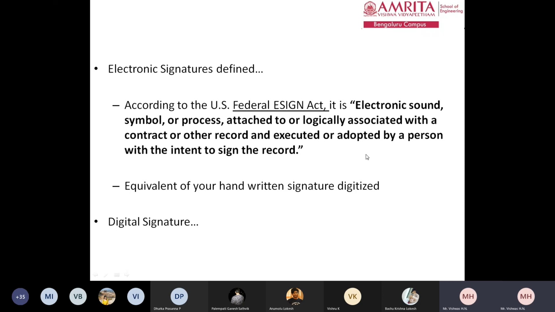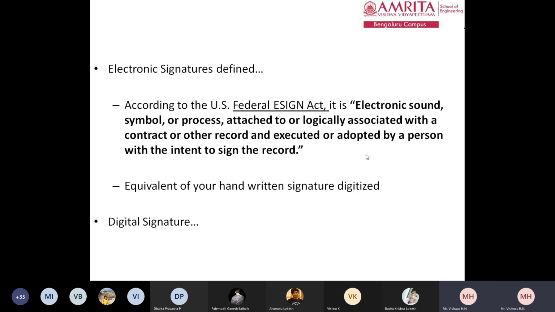So how do you define electronic signatures? An electronic sound, symbol, or process attached to or logically associated with a contract or other record and executed or adopted by a person with the intent to sign the record. We are not worried about this definition, students.